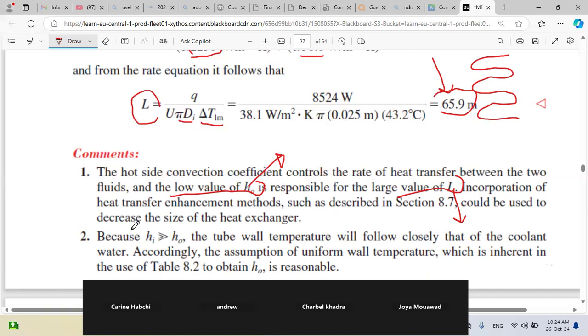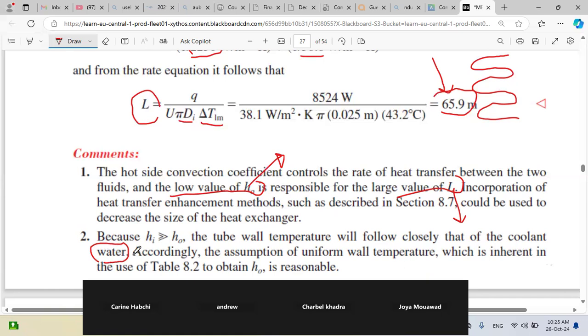And now, since H inner is much larger than H outer, the tube wall temperature will follow closely that of the coolant water, because water is on the inner side, and the convection with water is much larger than the convection with oil. That's why the temperature of the surface will be very close to the temperature of water because of high convection with water.